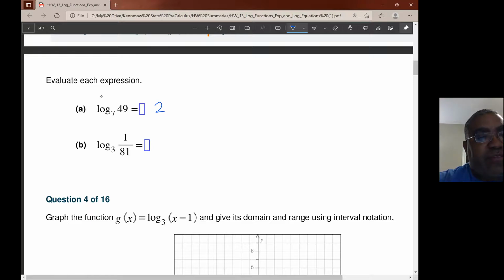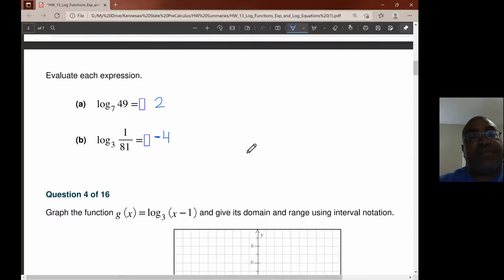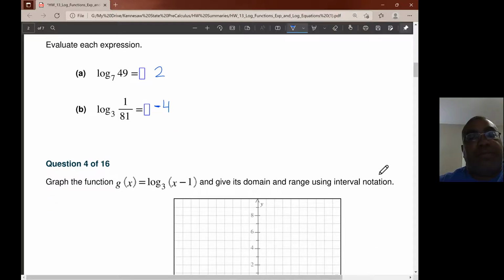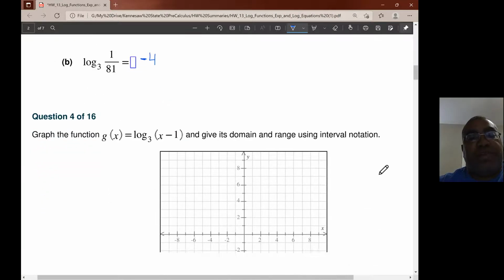Well, we know it's going to be negative because it's on the bottom. And then 3 raised to what power is 81? 4. So 3 to the negative 4 is going to be 1 over 81, because the negative moves the powers of 3 to the bottom of the fraction. You should have paused this if you need me to.